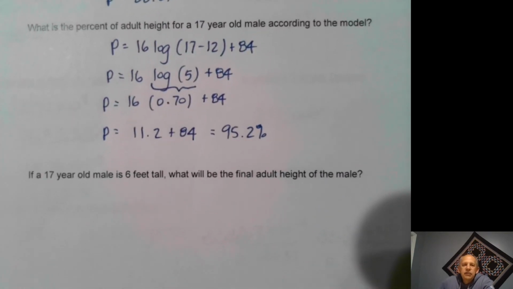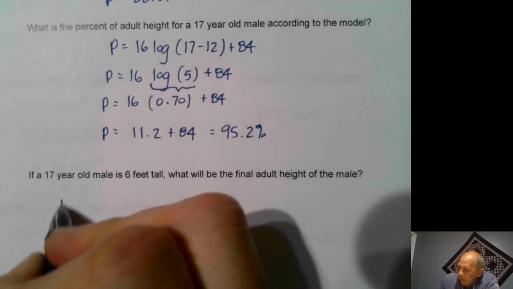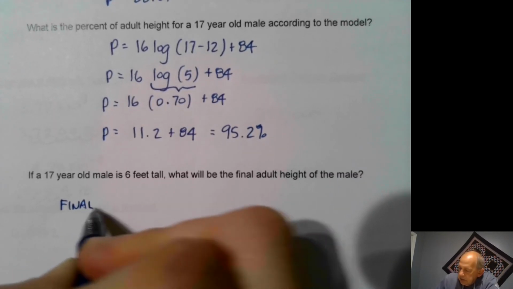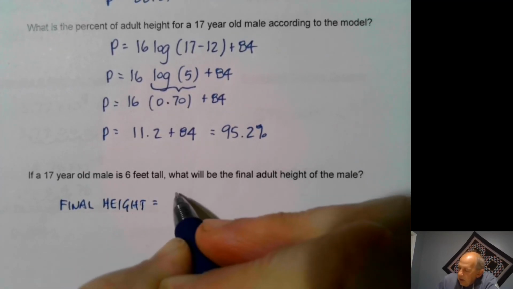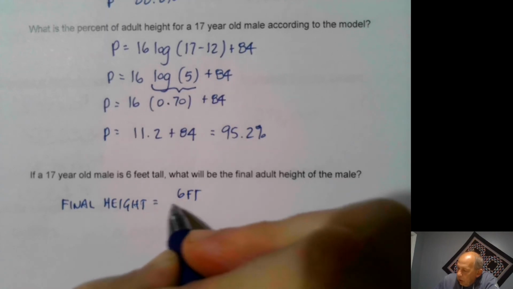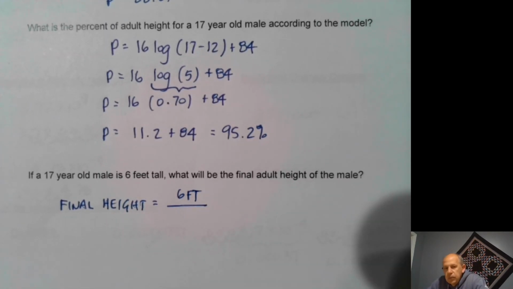To apply this even more specifically, let's say that 17-year-old was 6 feet tall. We want to figure out what their final adult height is going to be. So their final height as an adult, using this model as a predictor, they are 6 feet tall at 17.